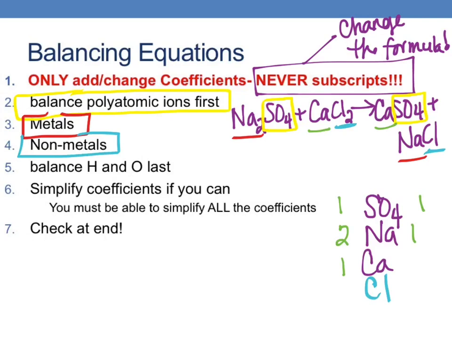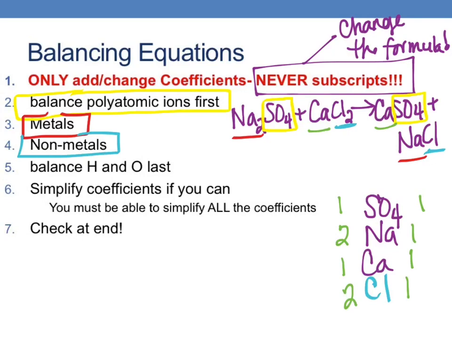How many calciums on the product side? How many chlorines on the reactant side? How many on the product side? 1. So I'm going to compare those numbers, and I'm going to say these numbers are not equal. I have 2 Nas going in, but I only have 1 coming out.